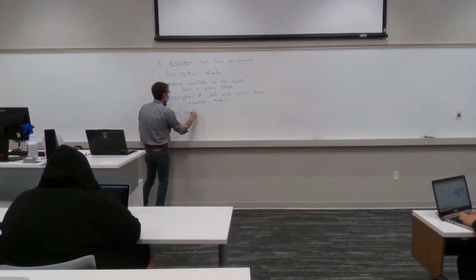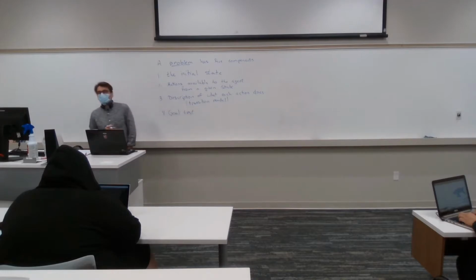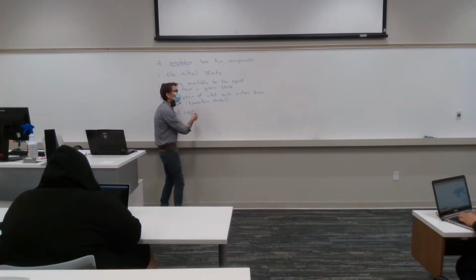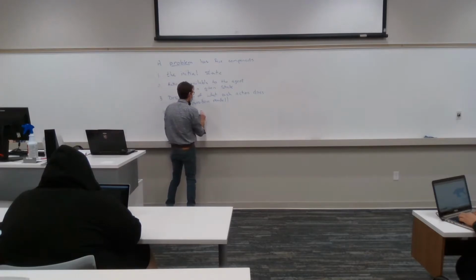We have some kind of test for the end goal. Is this given state a goal state of what we're trying to achieve? Is this a state that represents where we're trying to go? So some kind of way to test that.